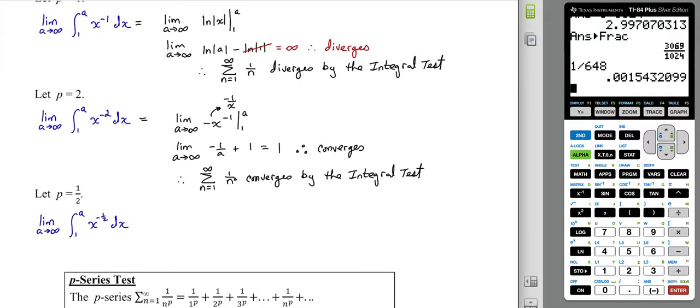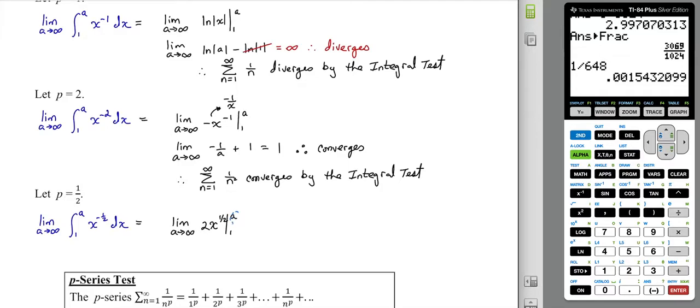All right. So then, last but not least, increase the exponent by 1, x to the 1/2. Divide by the new exponent. 1 divided by 1/2 is 2. We're finding the limit as a approaches infinity for that integral over the interval of 1 to a.